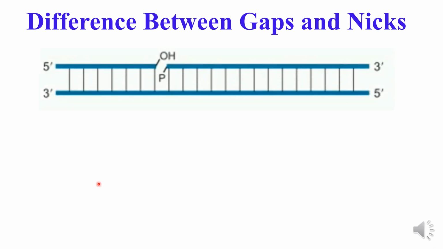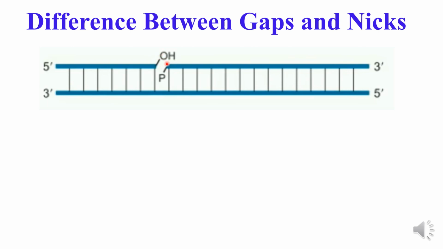Whenever a replication process is going on, as you can see in this strand, a small gap is here. The bond is not present over here. However, the nucleotides in both the strands are present. But the bond between the hydroxyl group and the phosphate group is not formed.